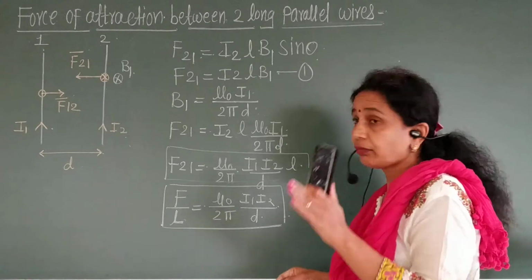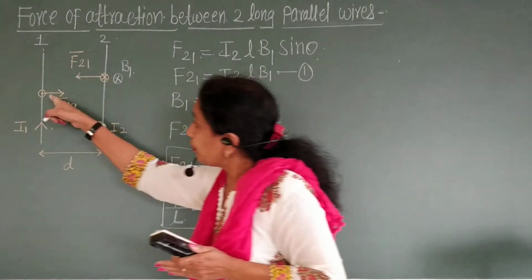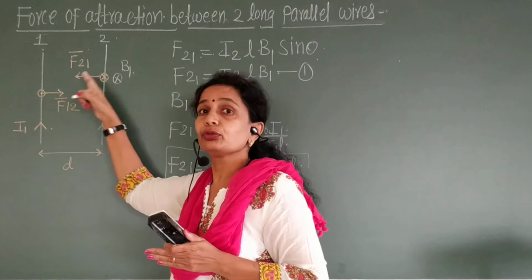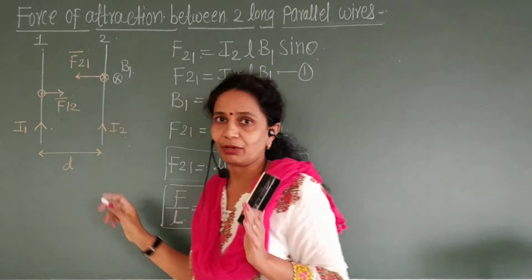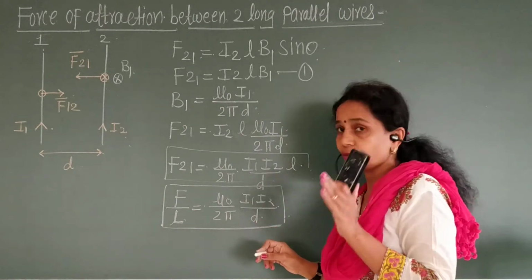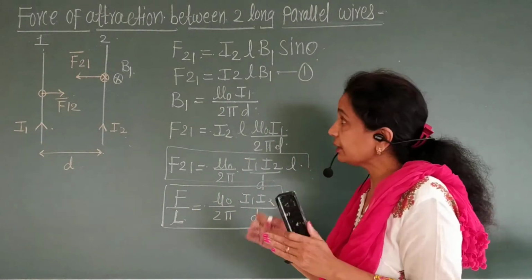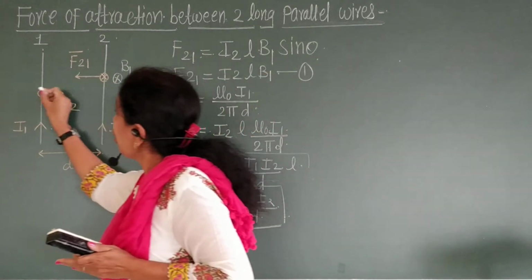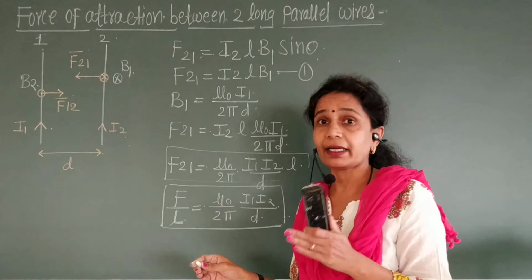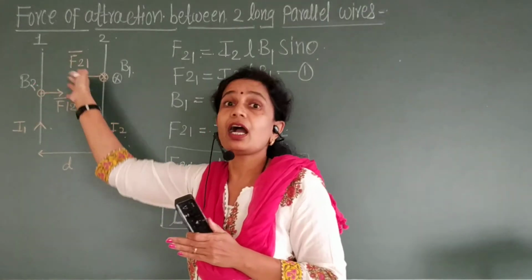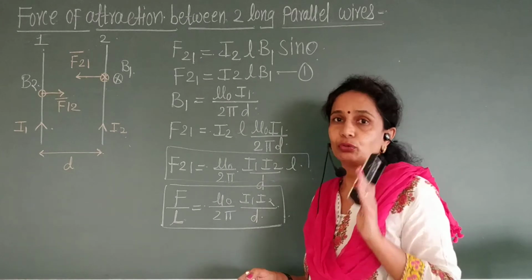Similarly, we can find out the force acting on the first wire due to the magnetic field of the second wire. The first wire is in the magnetic field B2, and the direction of magnetic field B2 is outward according to the right hand rule.